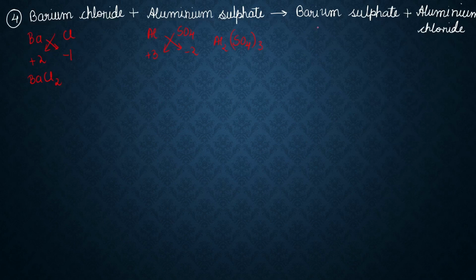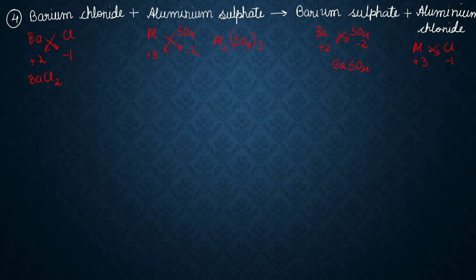Now barium sulfate. Here I have barium with the cationic valency of +2 and sulfate with the anionic valency of -2. If I cross the charges, it becomes BaSO4. Next, aluminium chloride. Aluminium has a cationic valency of +3 and chloride anionic valence is -1.